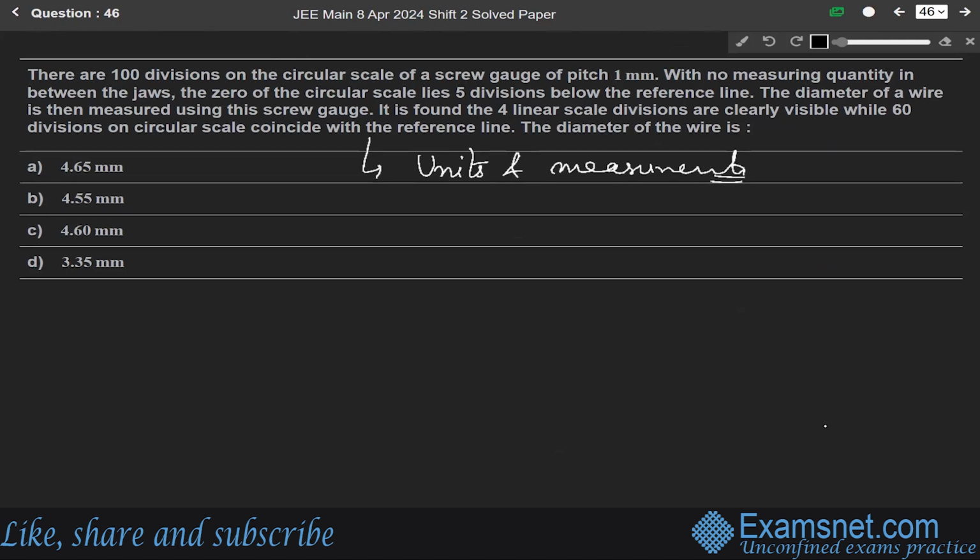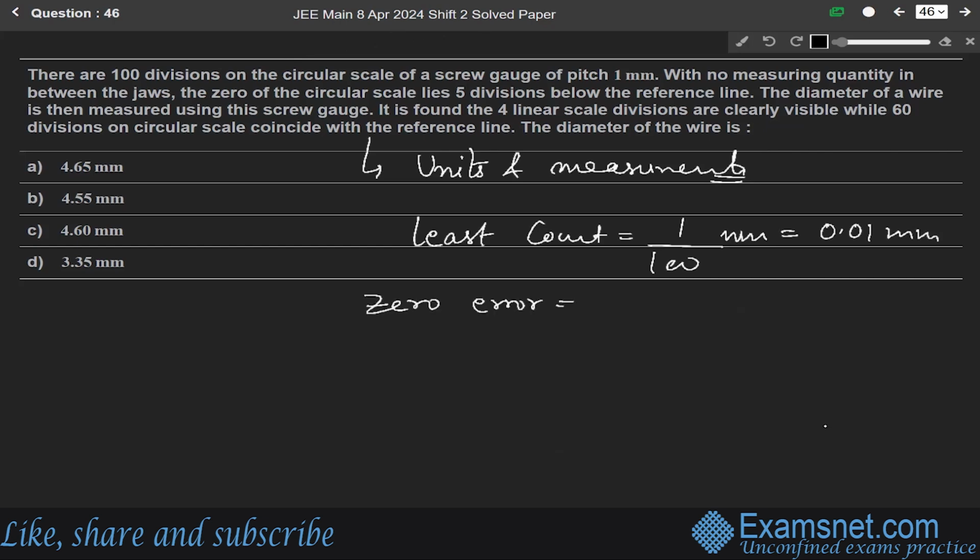Okay. So from here we can write least count is equal to 1 over 100 mm. It is equal to 0.01 mm, and zero error will be plus 0.05 mm.